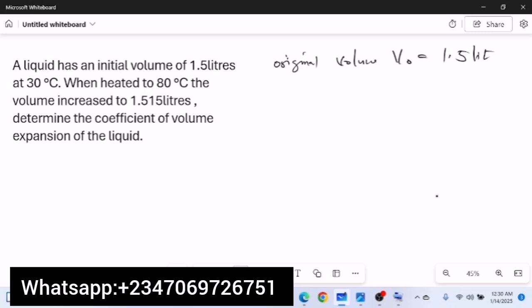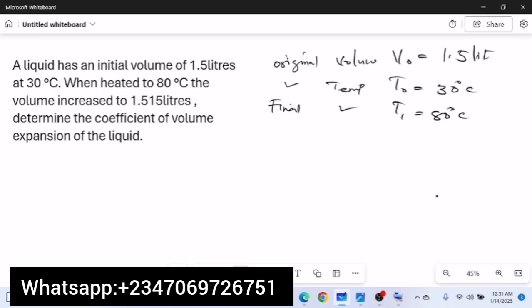Okay, at 30 degrees Celsius. So original temperature, which is T naught, is 30 degrees Celsius. Now when heated to 80 degrees Celsius, so final temperature, which is T1, equals 80 degrees Celsius.